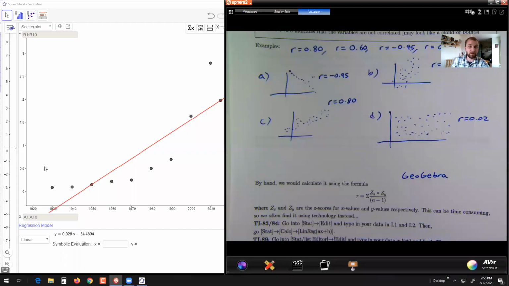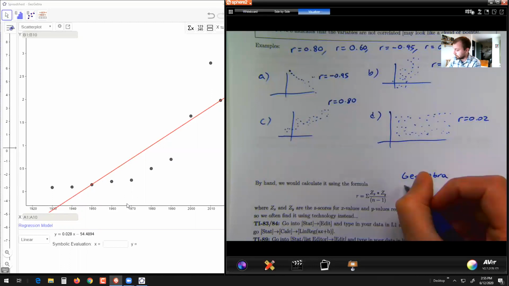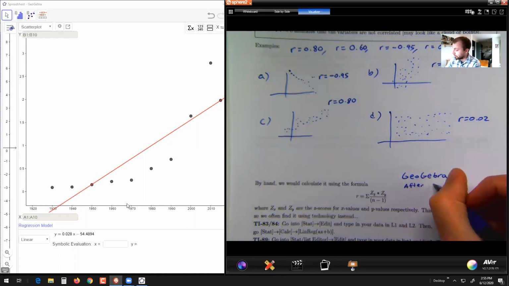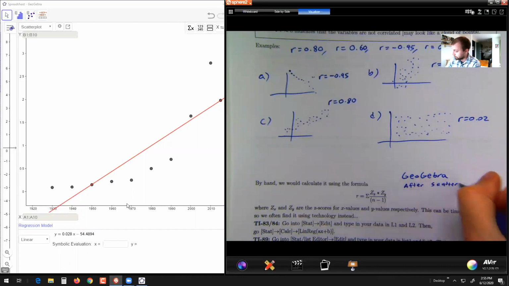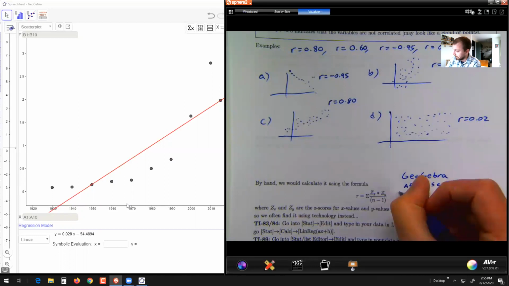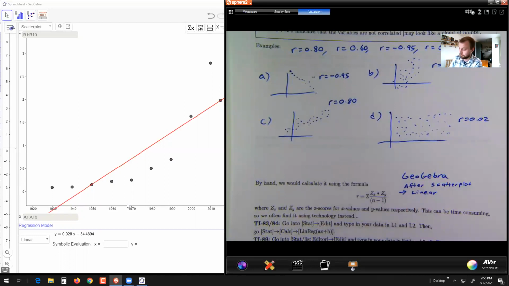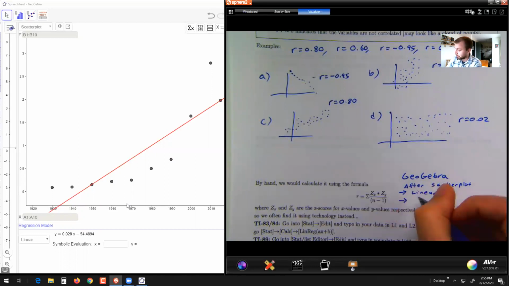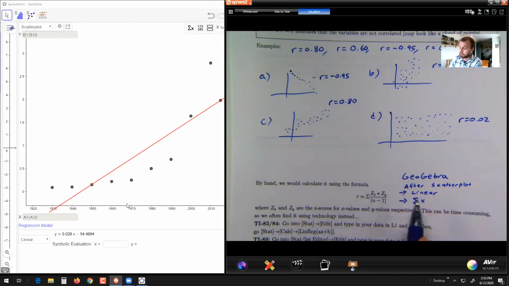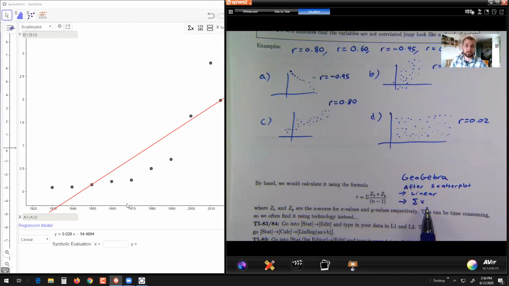So inside of Geogebra, I've done my linear regression. After you have done your scatter plot, and after you select the option for linear, you're going to go up to the top and hit the button that looks like sigma x.